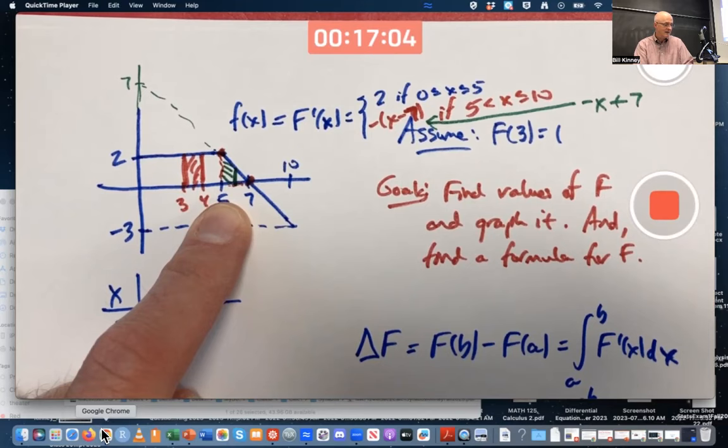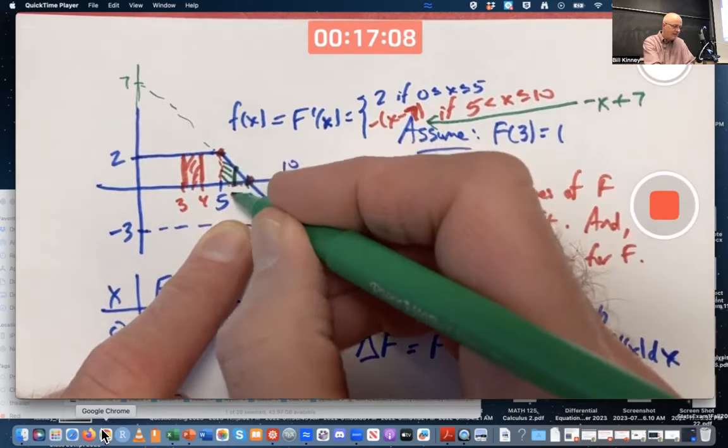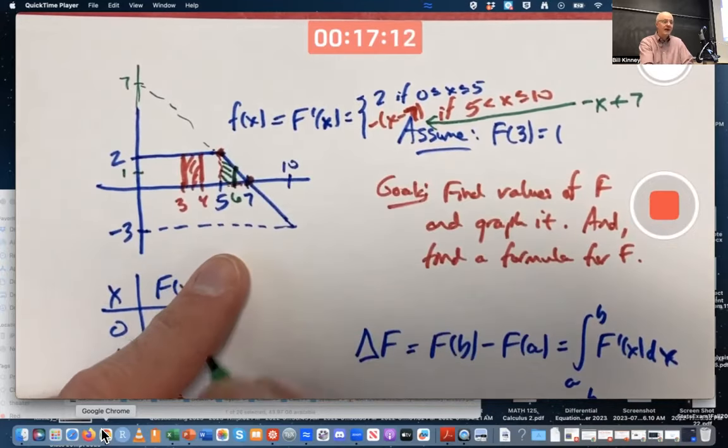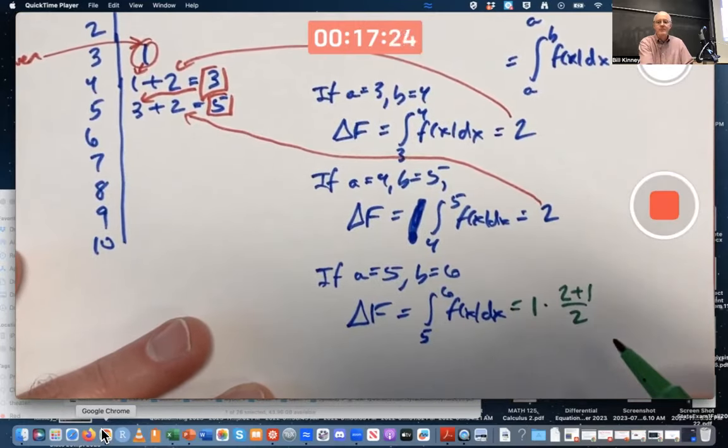Base of 1. The height on the left is 2. The height on the right is 1. That's 6. This is 1. The slope of that line is -1. The area is base 1 times the average of the two heights, 2 plus 1 over 2. 3 over 2, 1.5, is the change in capital F, because that's the value of the integral of its rate of change.